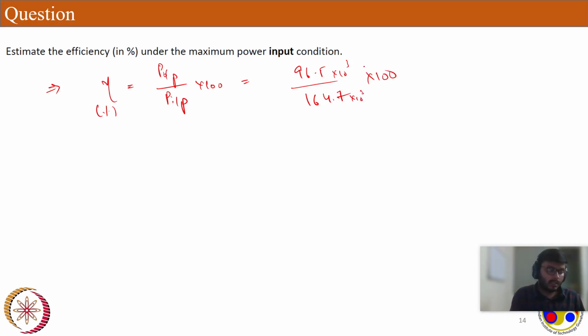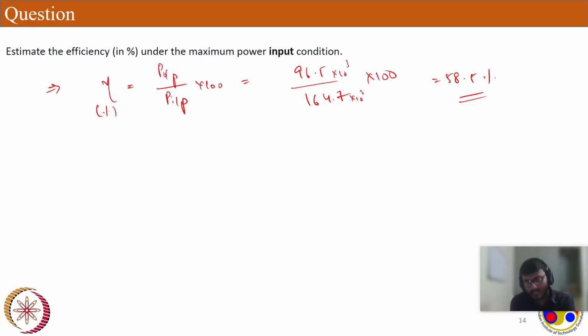So if you see 96.5 divided by 164.7, the efficiency is coming out to be 58.5. It is very poor efficiency. It's not even a practical motor. So who will use a synchronous motor of 58%?